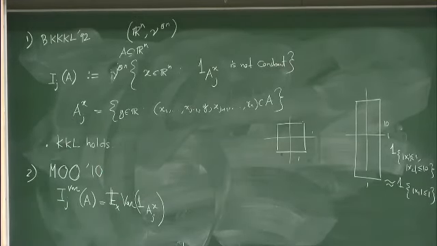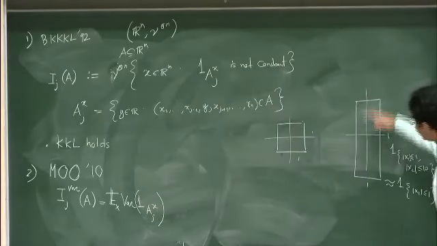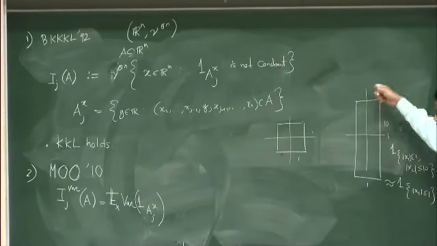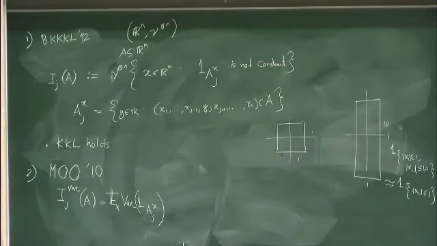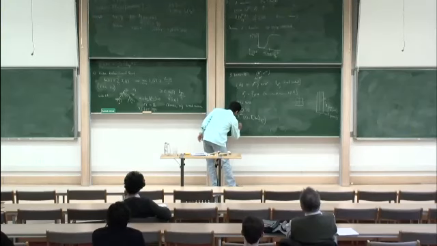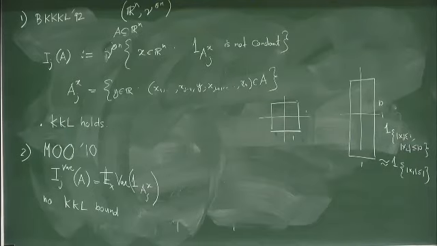So this definition doesn't have this problem, because the variance in this direction is very small. So this is kind of a nice definition in that sense, but again the problem is that there is no KKL bound.